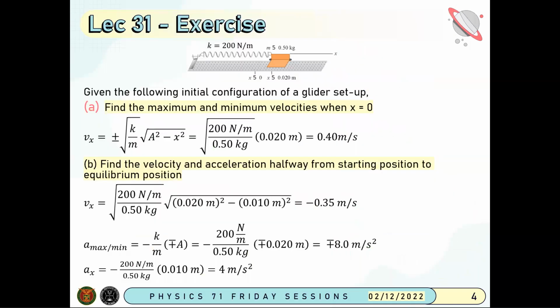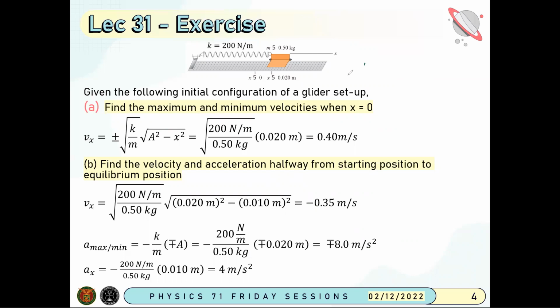Yeah. Okay, example. Given this following initial configuration of a glider setup, yung nasa taas. Find the maximum and minimum velocities when x equals 0. So again, here, isang example to na hindi given yung time. Right? Hindi rin given sa atin yung form ng x of t, yung position versus time.